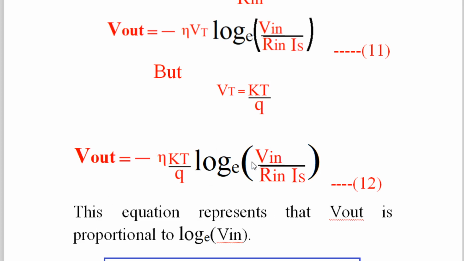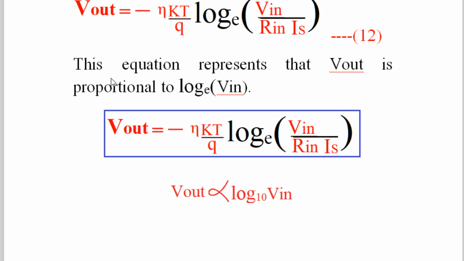This equation represents that V out is proportional to log to the base e of V in, because here eta is constant, k is constant, T is constant, charge on electron is constant. This R in is a constant input resistor. Is, the reverse saturation current, is very small, so it is almost negligible. So what remains is log to the base e into bracket V in, if you take all those constants out.